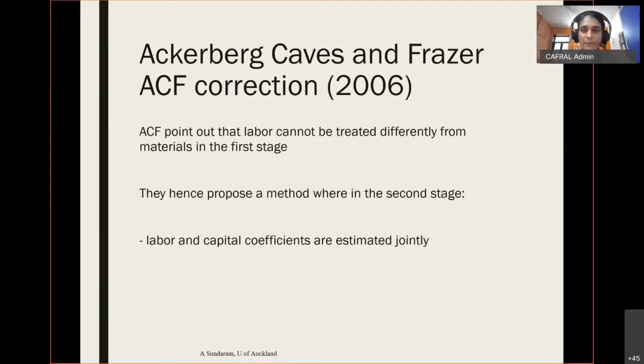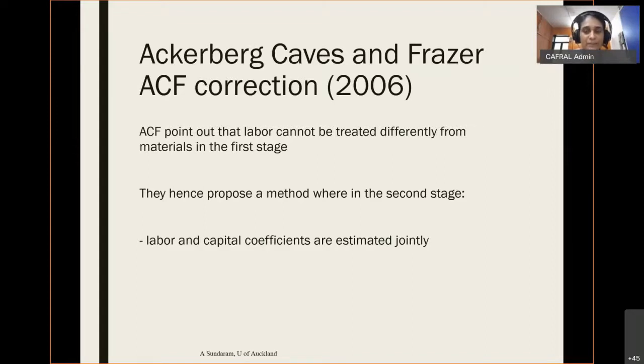And so they propose a method where in the second stage, both the labor and capital coefficients are estimated jointly. So it's a small correction where there's a joint estimation of labor and capital. Labor is not treated differently. The ACF correction is now pretty standard in the literature. So most people will use either Olley-Pakes or Levinsohn-Petrin depending on the data and then apply the ACF correction.